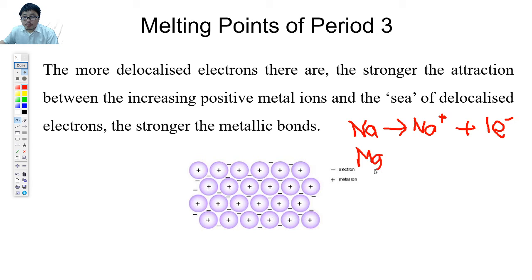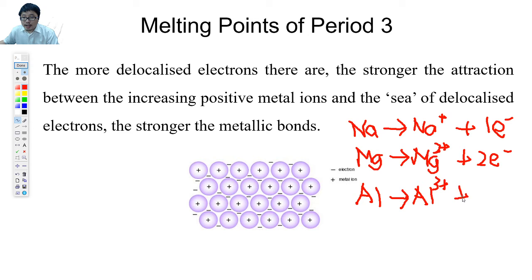Magnesium, on the other hand, becomes Mg2+ and 2 electrons. Aluminium, on the other hand, becomes Al3+ and 3 electrons. And that's the difference. Metallic bonding is between the cations and the number of electrons.